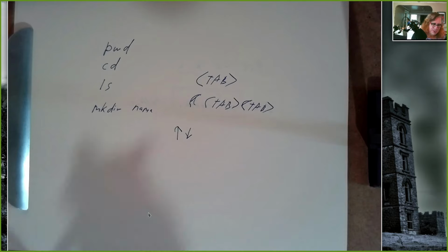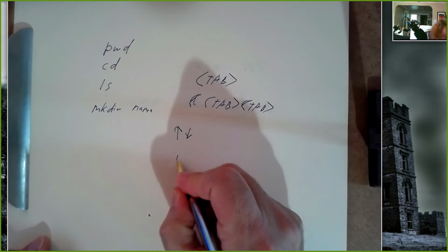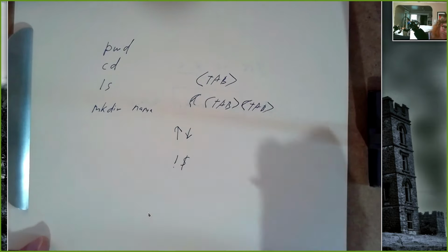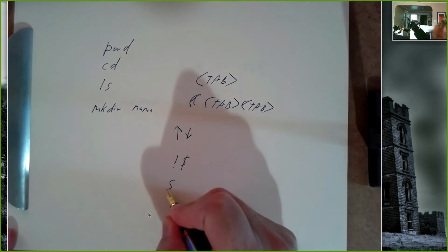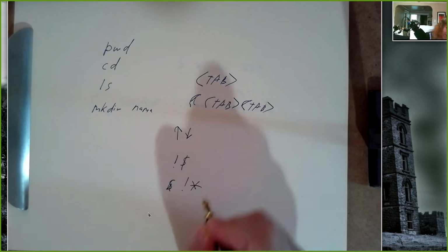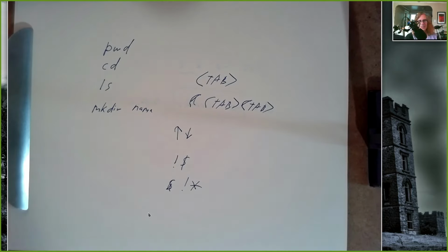I can also use exclamation mark $ to pull back the last word on my previous command, or exclamation mark asterisk to pull back everything except the first word on my previous command.